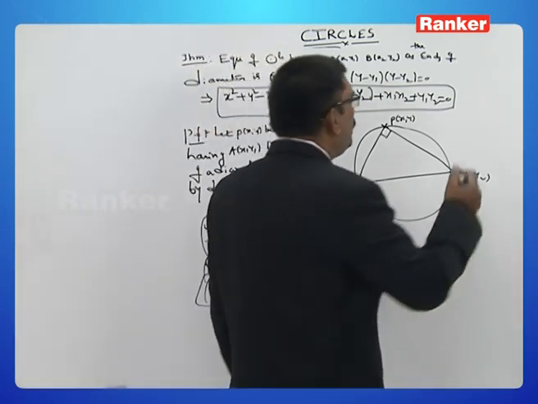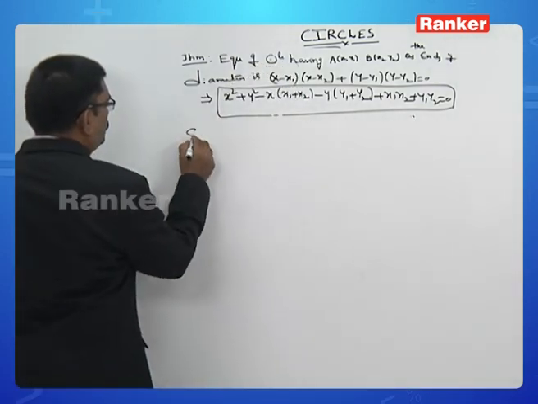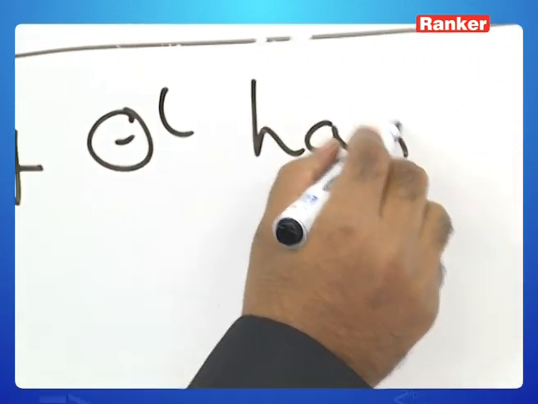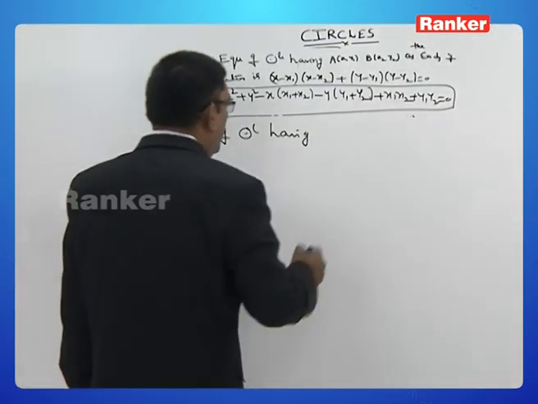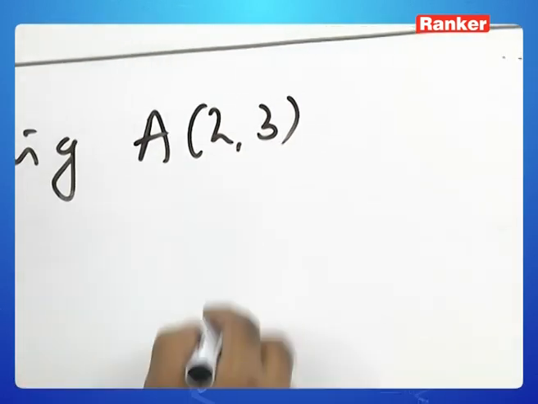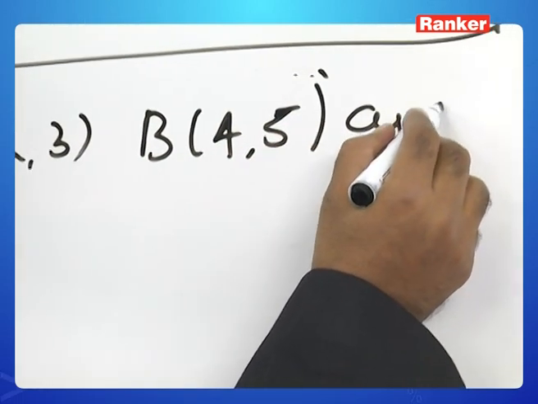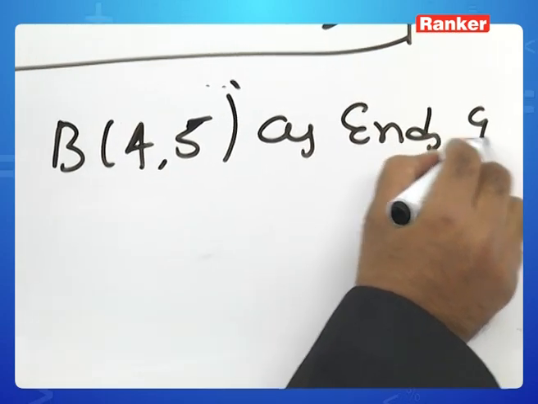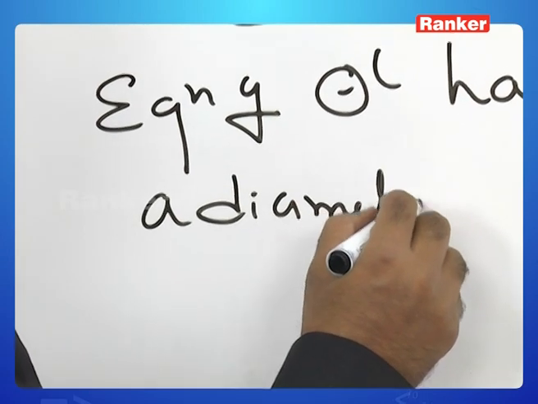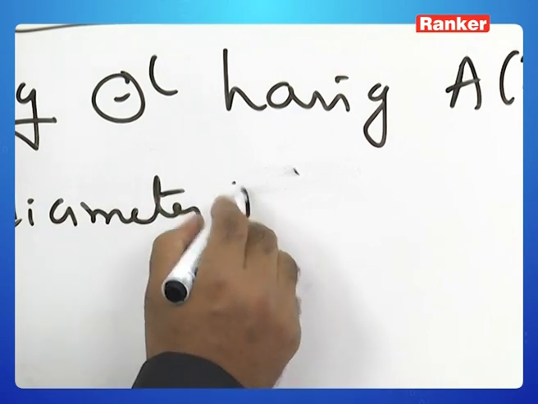So therefore, now take the equation of circle having A of 2 comma 3 and B of 4 comma 5 as ends of a diameter is dash.